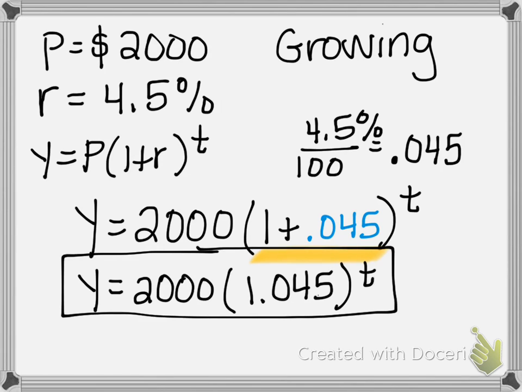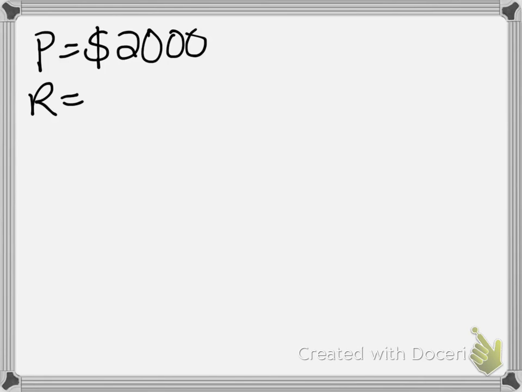Now, let's say that I completely change what I just said, and I ask you to find the decay part. Alright, so I'm going to give you the exact same information. So this is still going to be 2,000. I'm still going to have a rate of 4.5%. But now I want to decay.